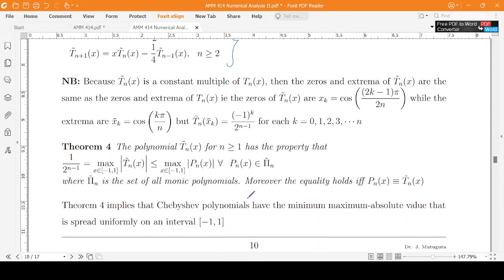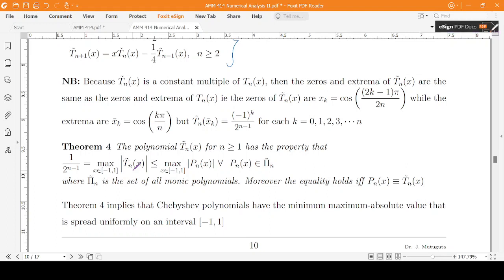So we look at theorem 4. We had looked at theorems 1, 2, and 3. So we look at theorem 4 here. Now the polynomial Tn tilde of x, the Chebyshev monic polynomial for n greater than or equal to 1, has the property that 1 over 2 raised to power n minus 1 is equal to the maximum of the absolute value of Tn tilde of x, the monic Chebyshev polynomial, in the interval -1 to 1.